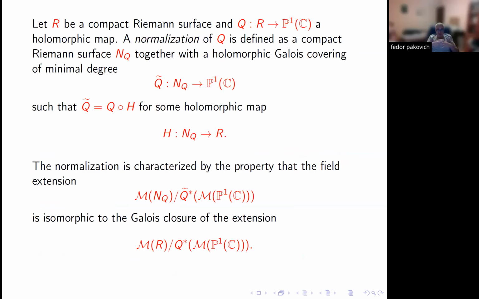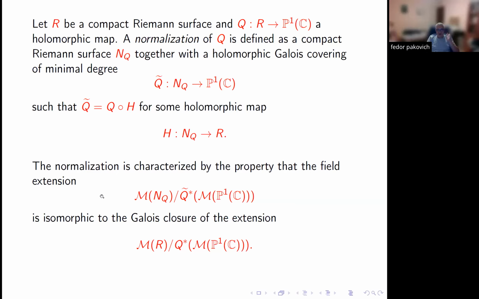Now again one definition, again just in the language of maps instead of the standard language of fields. We start from a map on a compact Riemann surface, and we say that the normalization of this map is just a compact Riemann surface together with some holomorphic Galois covering of minimal degree, such that we have this equality. So it's a left factor.